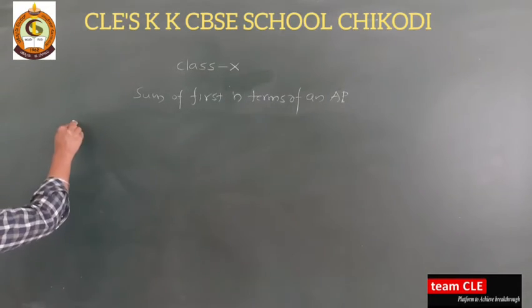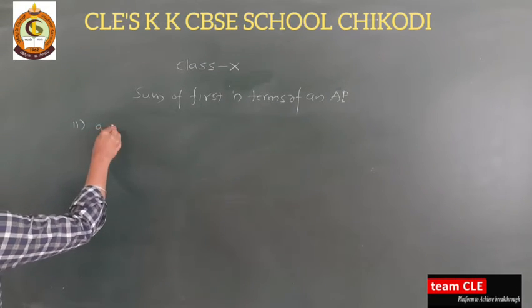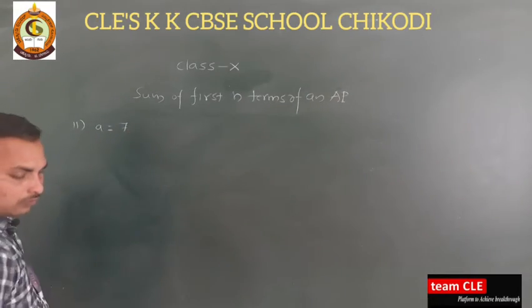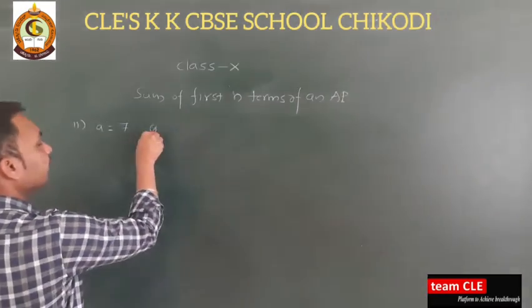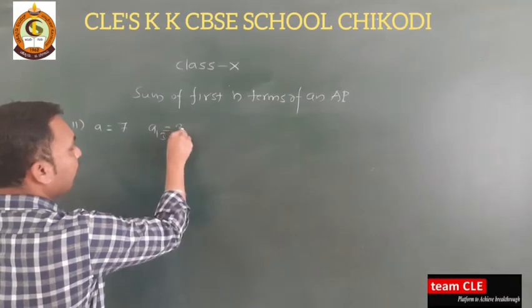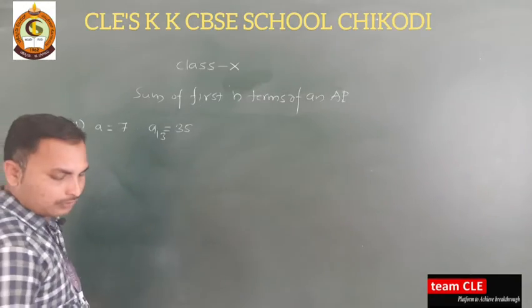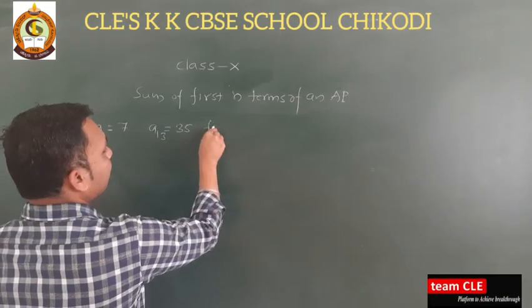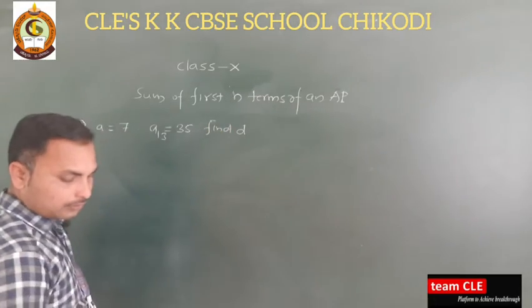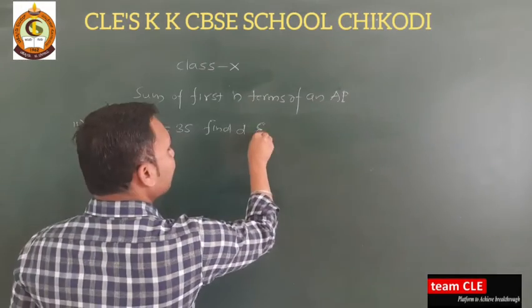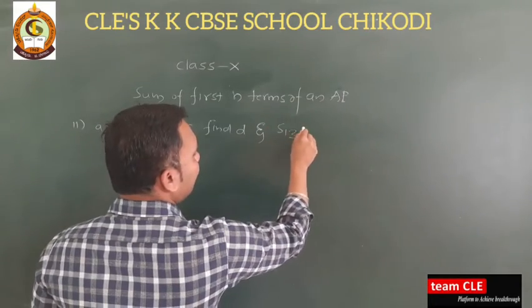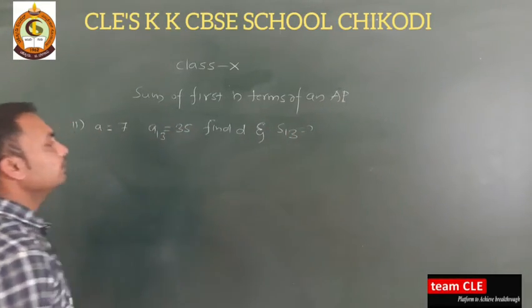Given a is equal to 7, a13 is equal to 35. Find d and S13.